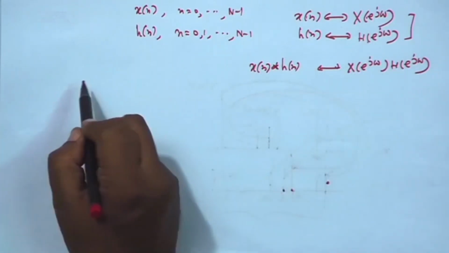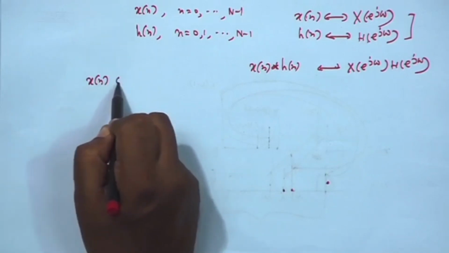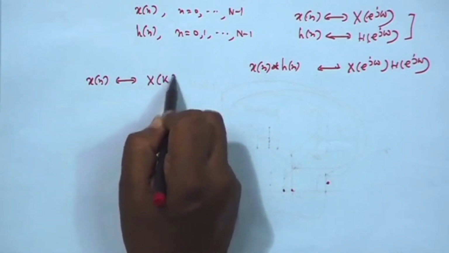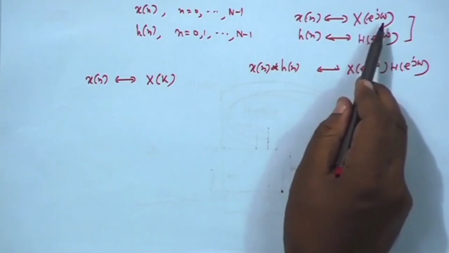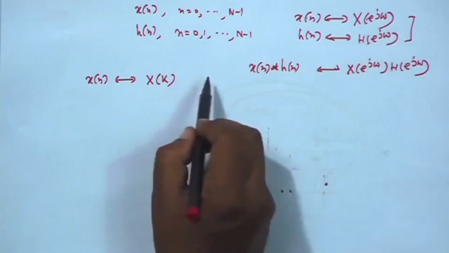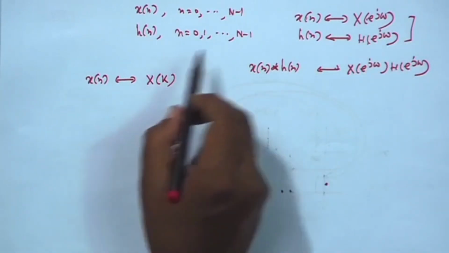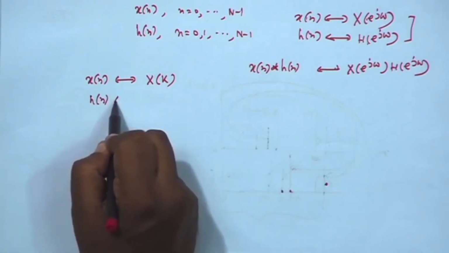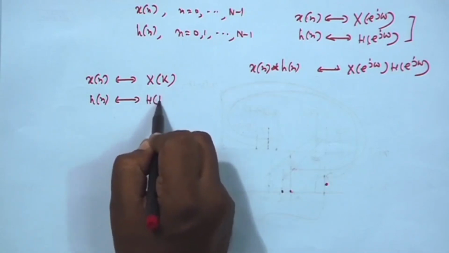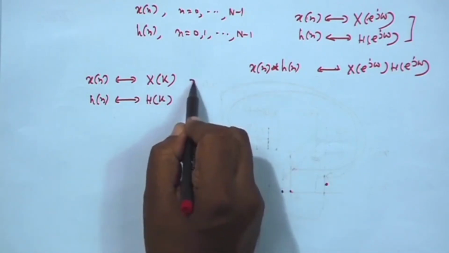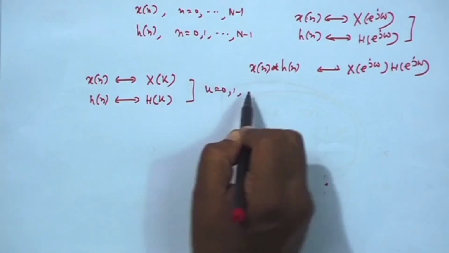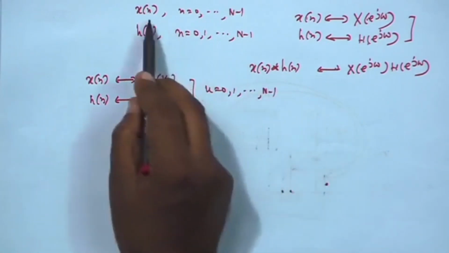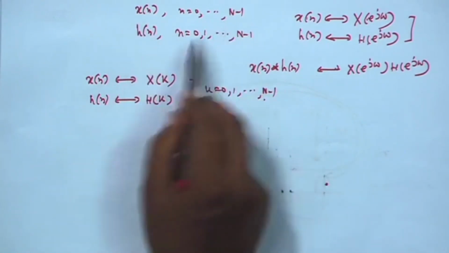Now, suppose x n has got DFT, that is the DTFT sampled capital N number of times, we say n point DFT, and similarly for h n, okay, in both cases k equal to 0, 1, dot dot dot, n minus 1, where this n is same as this n, the length of the sequence.